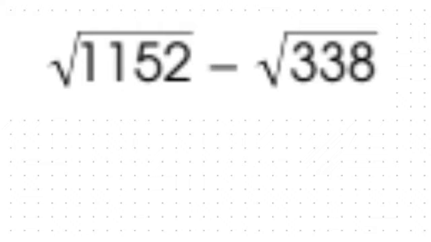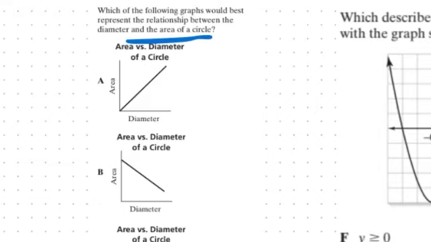So this is the question, right? Pi r square. But we are comparing which variable and which variable? Diameter and area. As the diameter gets bigger, the area also gets bigger. But in terms of diameter, what is the formula?